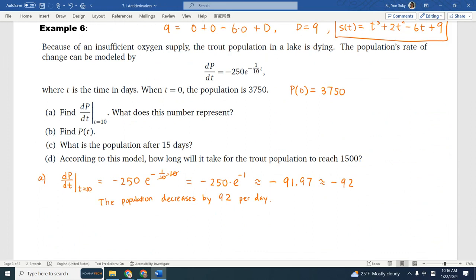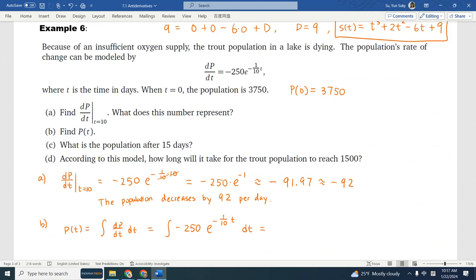Okay, that's part A. Part B, let's find P of t. Because we're given the rate, P of t is the integral of the rate of change, dP/dt, and that is negative 250 e to the negative 1 over 10 t dt.